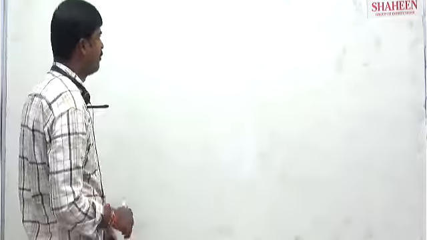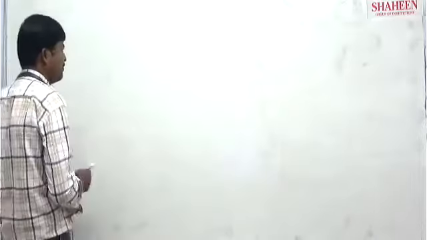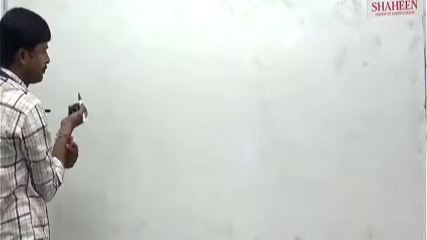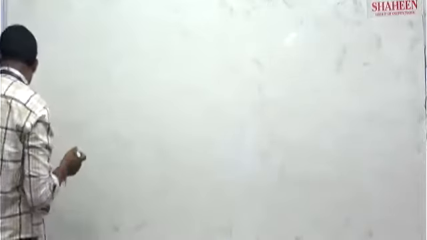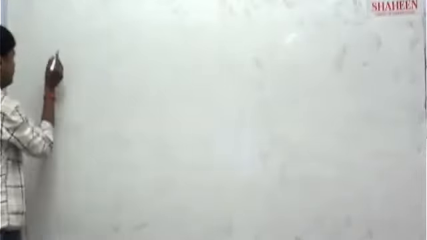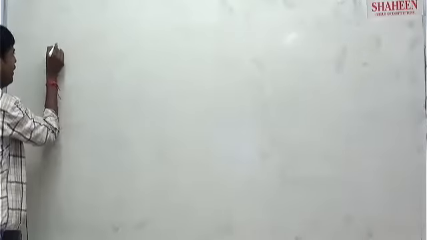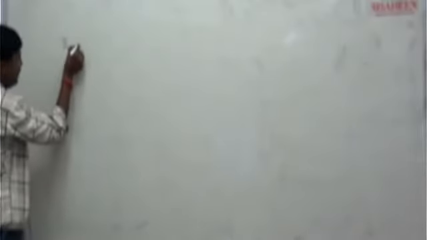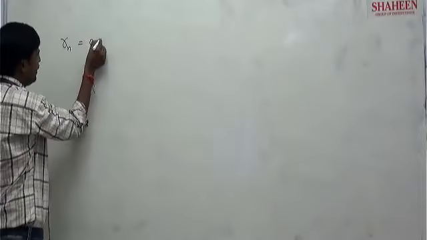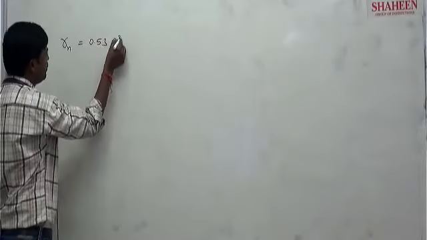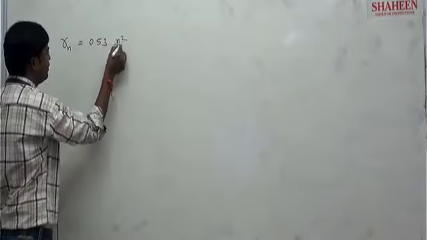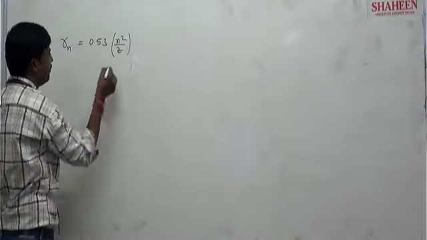Now look here, some basic things. So we have calculated radius. The nth orbit radius we got is 0.53 n square by z angstrom, right?